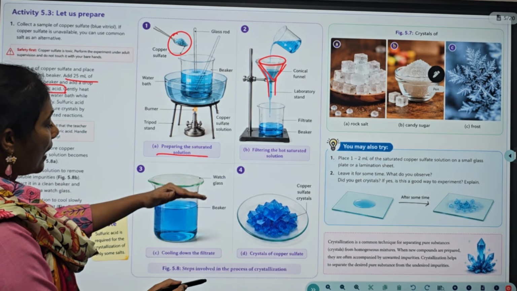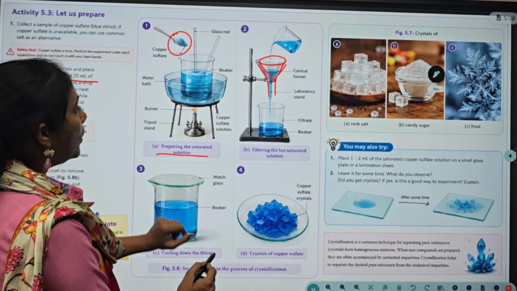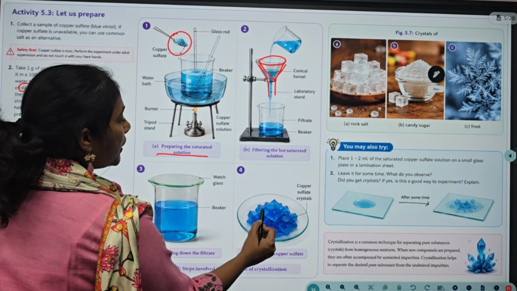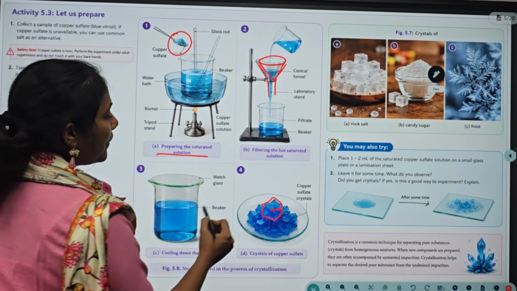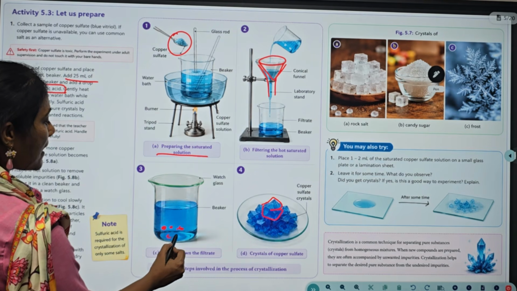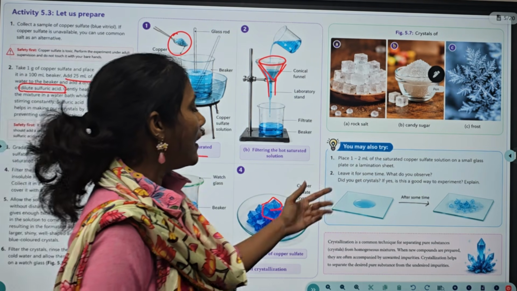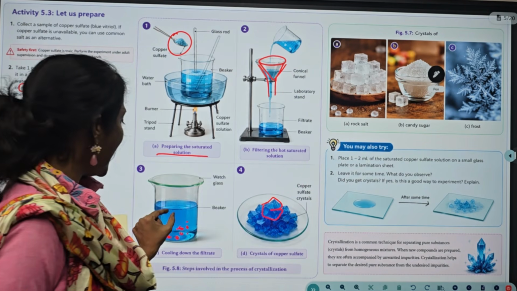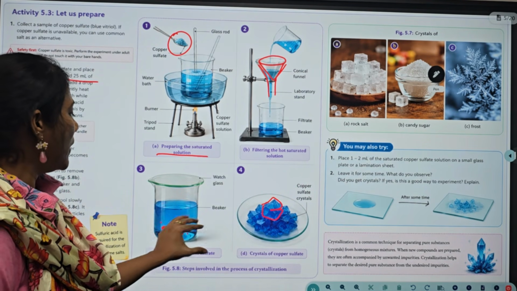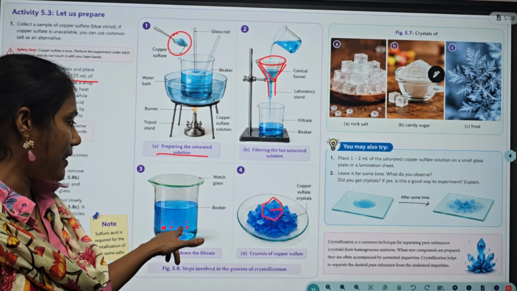When we allow the solution to cool completely, you will see beautiful crystals of copper sulfate formed after cooling, guys. If you want, you can take just one drop. If it is too much solution, it will take a lot of time to observe the crystals.